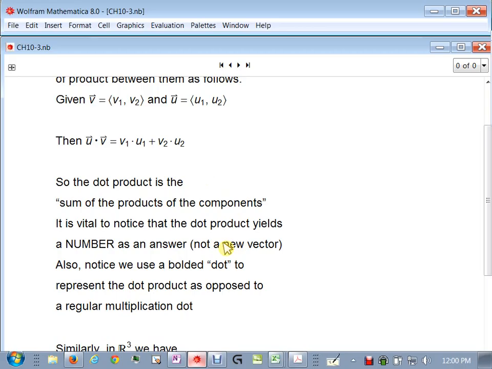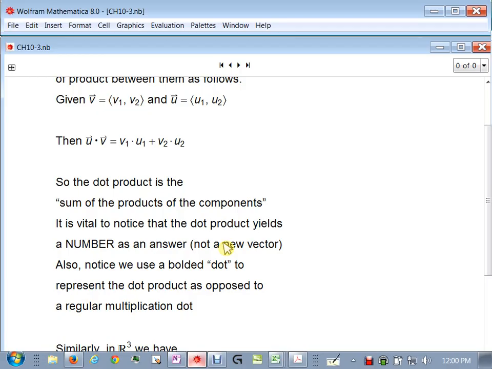It's vital to notice the dot product yields a number. When you take the dot product of two vectors, you get a number. This is different from a lot of things you see in math. When you start out in grade school with numbers, you add them together, you get numbers. You subtract, you get a new number. You divide, you multiply, you get numbers. If you have functions, you add them together, you get a new function.